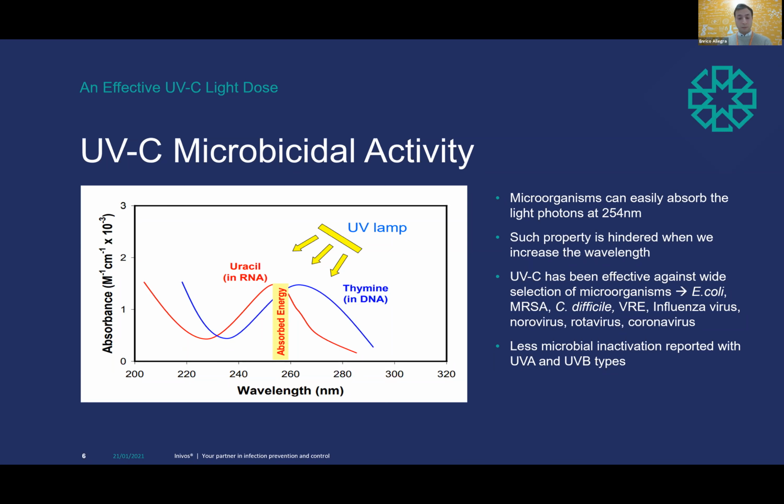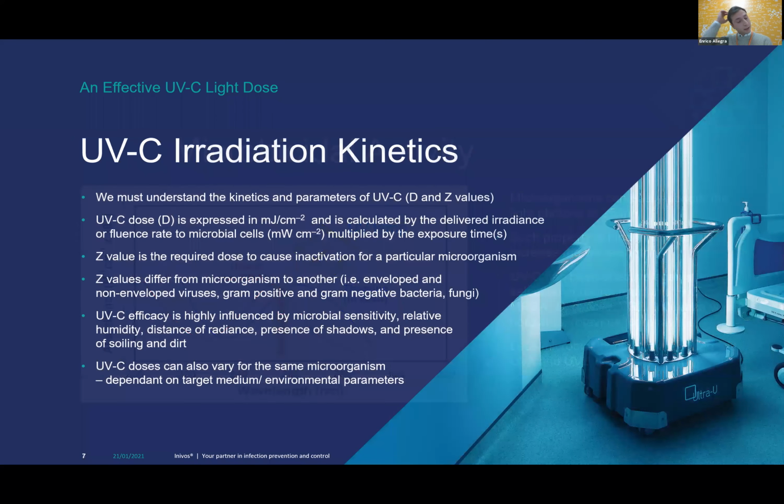So if we then move on to the next slide, we can start talking about what we call the kinetics of UVC light. I think we need to understand a bit more how what we call dose levels are achieved.